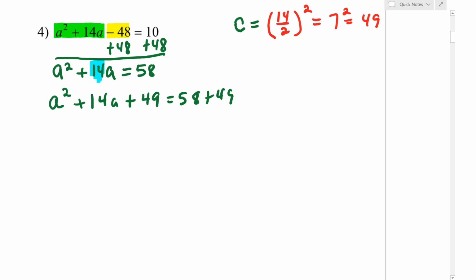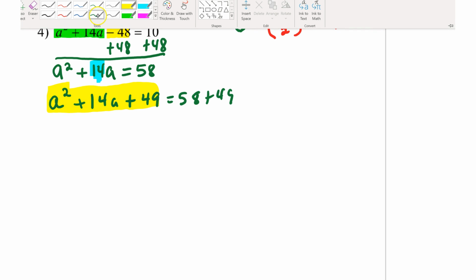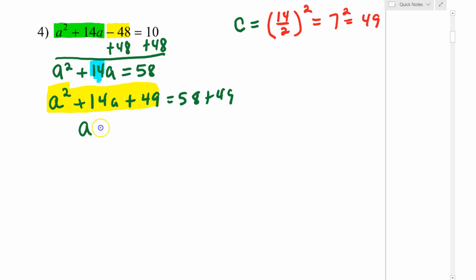So the left-hand side here is a perfect square. So what do we have? We have (a + 7)(a + 7) = 58 + 49. 58 plus 49 gives you 107.